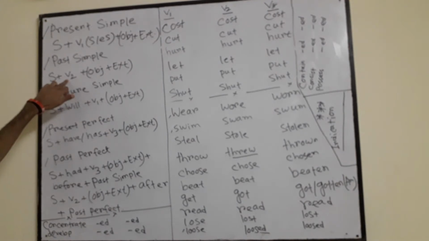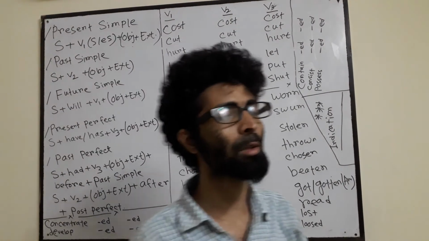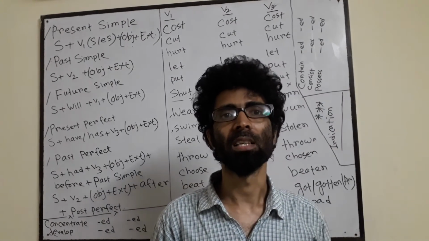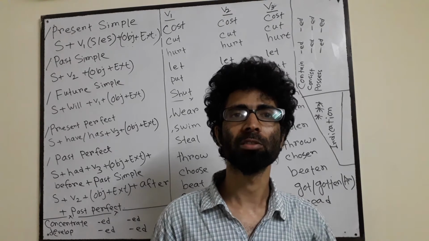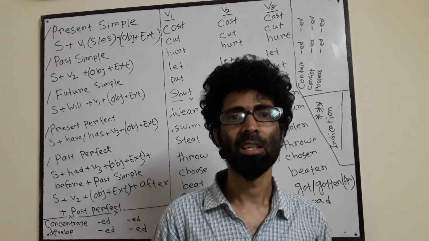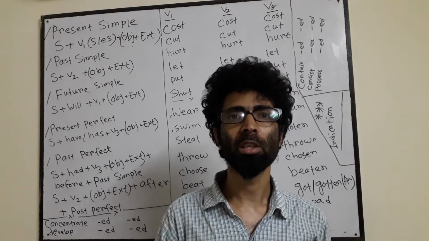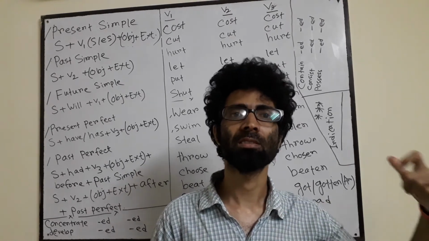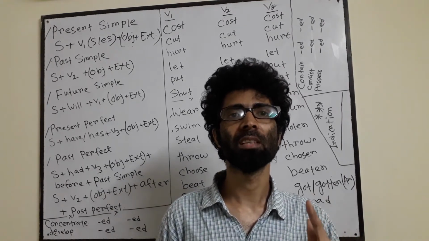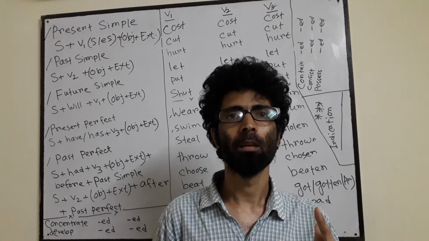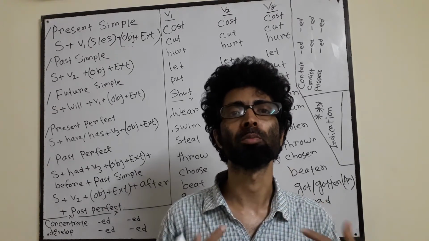Okay, what's the indication? In past simple, generally we see the uses of yesterday, last day, last month, last year, then few days ago, few months ago, previous day, or sometimes some uses of past time. Suppose, in 1988 I was born.